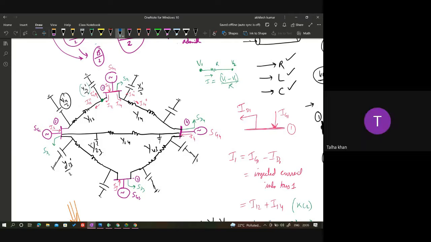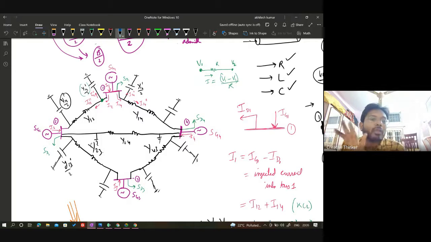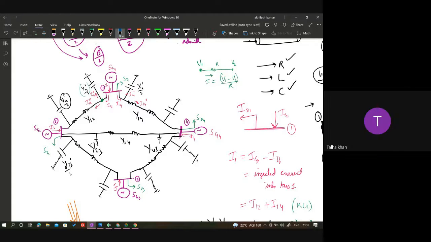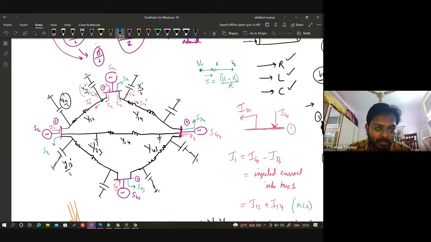Initially we do not know the voltage, because we are connecting the sources and the loads at the different buses. But what is the voltage of each bus after the connection is completed? That we do not know.